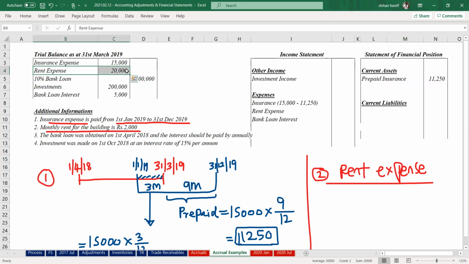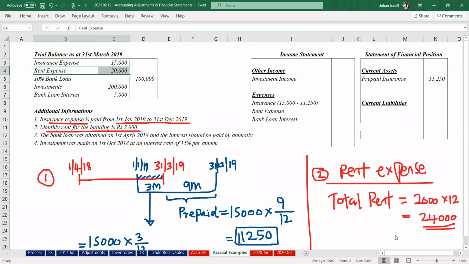And here the rent expense paid is 20,000. So let's calculate the total rent. Since the dates are not given, we have to pay for 12 months. So 2000 into 12 months is 24,000. So total rent is 24,000.